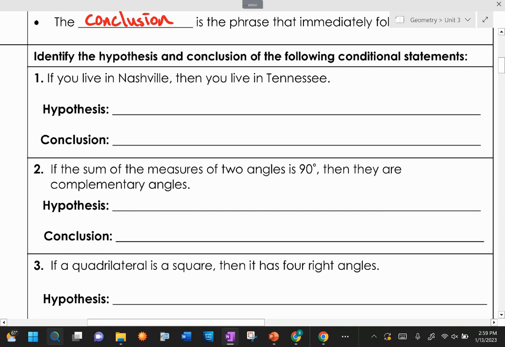Or they learn. Okay. If you live in Nashville, then you live in Tennessee. So what's the hypothesis then? Yes. The hypothesis comes after the if. So, you live in Nashville.